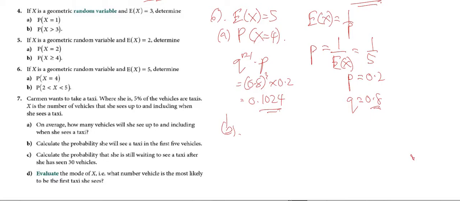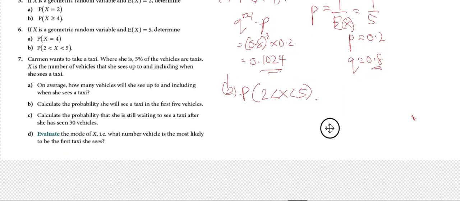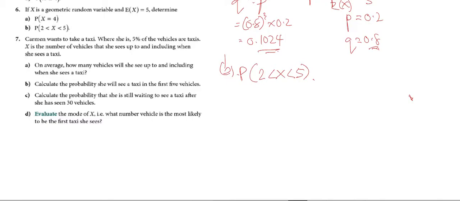Next, part (b): the probability of 2 less than X less than 5. This is kind of tricky. You must understand what they are talking about.